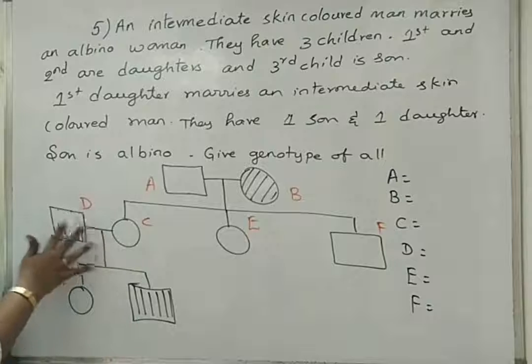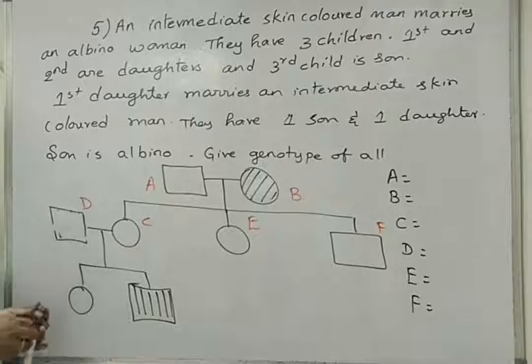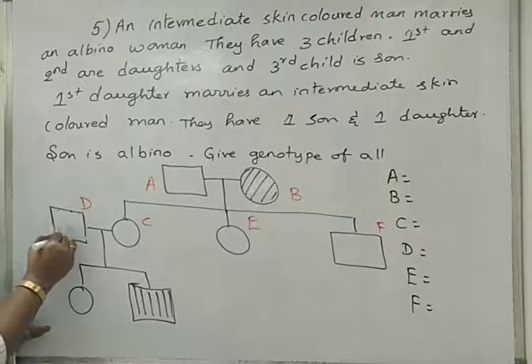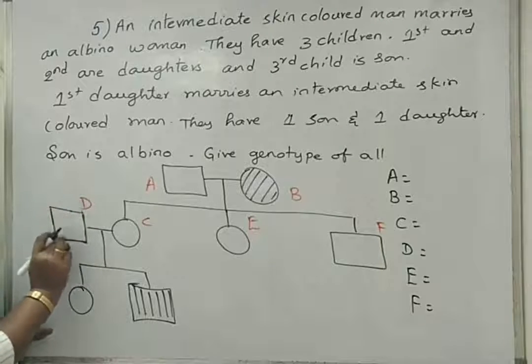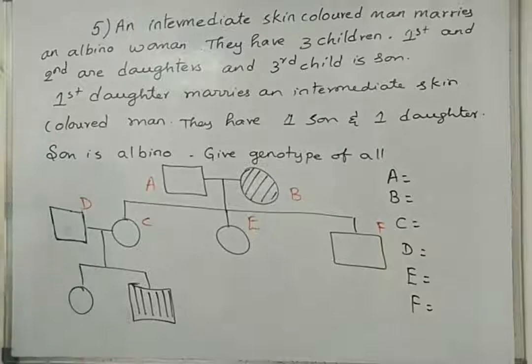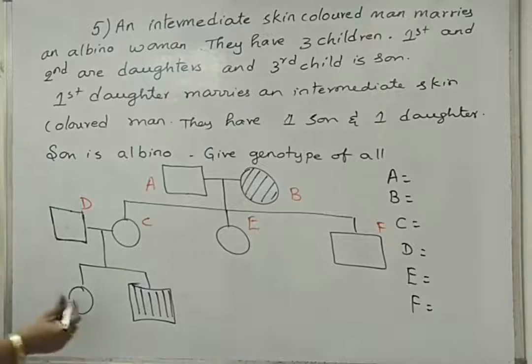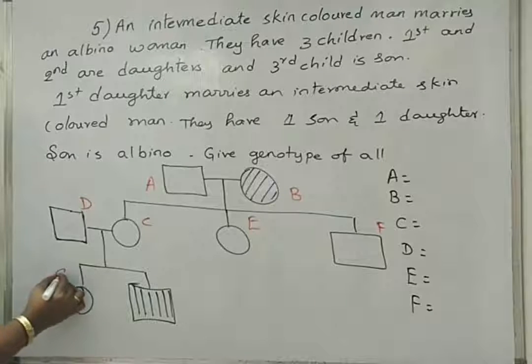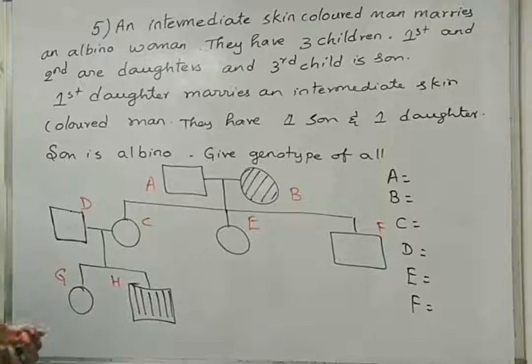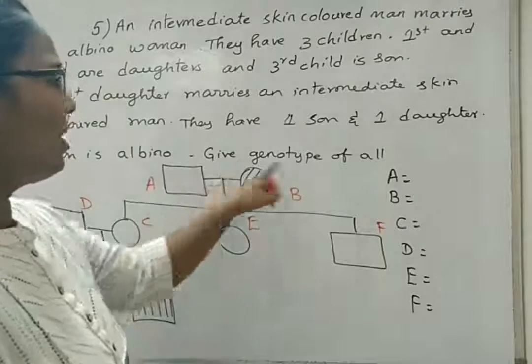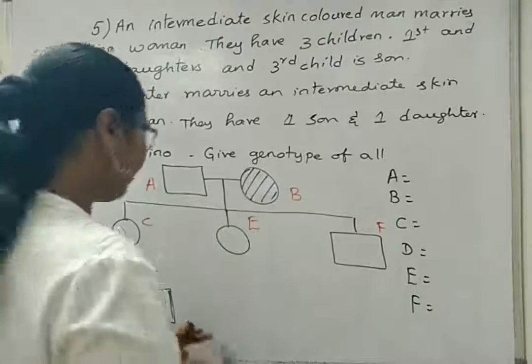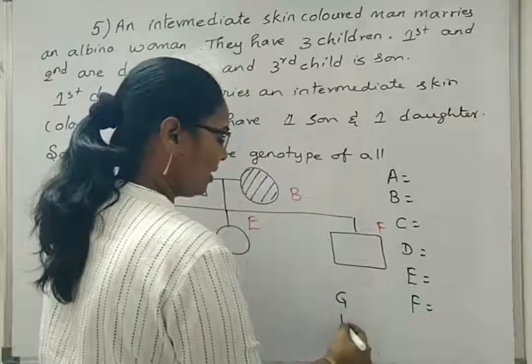Intermediate skin colored man means, again, no need to shade all this. Suppose the question is like this: C, D, E, F, G and H. The question is, give the genotype of all. So we need to write the genotypic expression of G and H also.